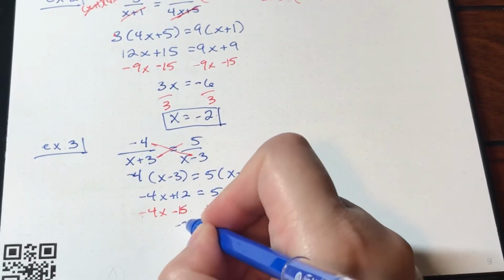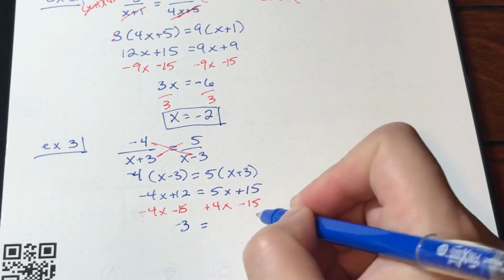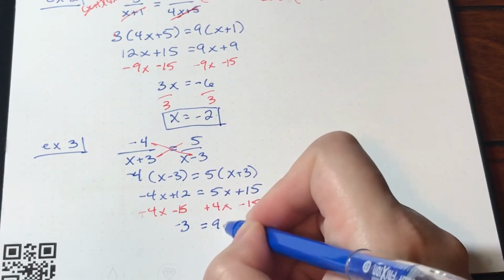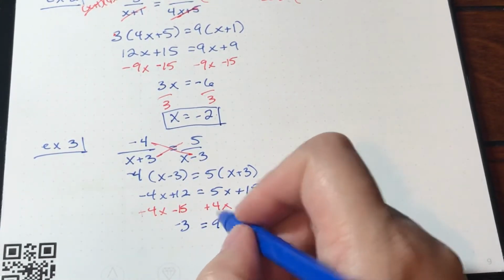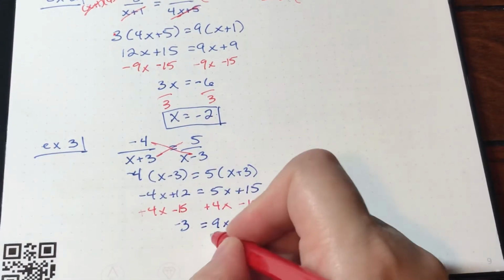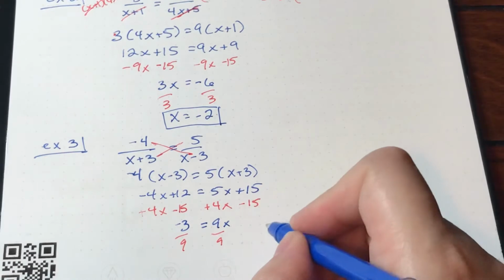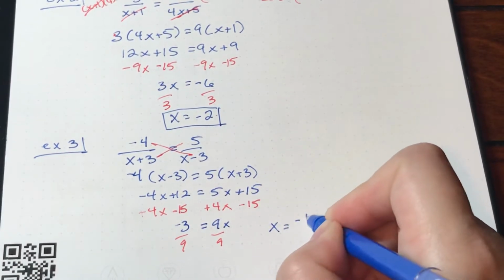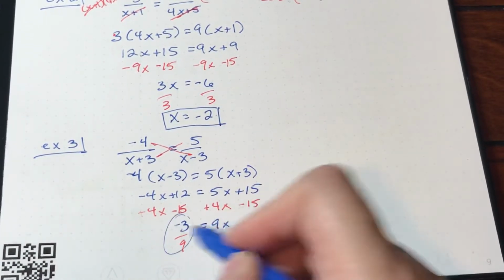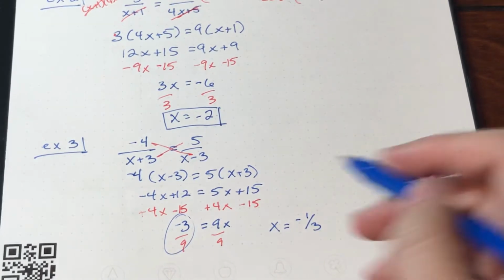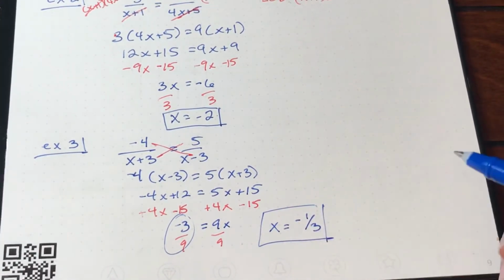So I get -3 equals 9x. Divide by 9. So I get x equals -1/3, right? -3/9 is -1/3. So there's my solution.